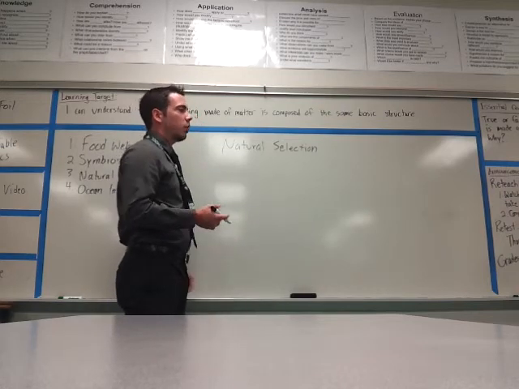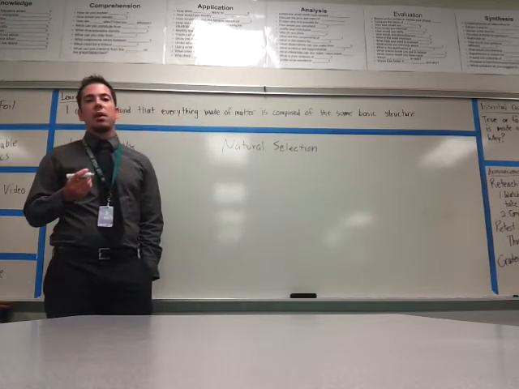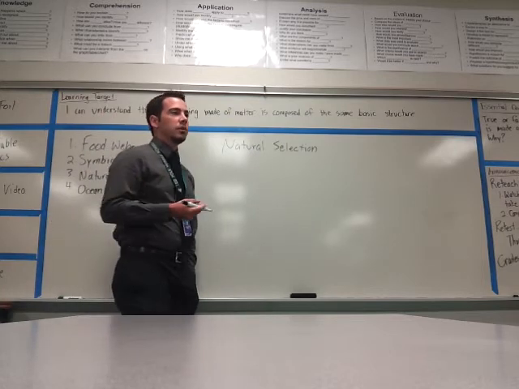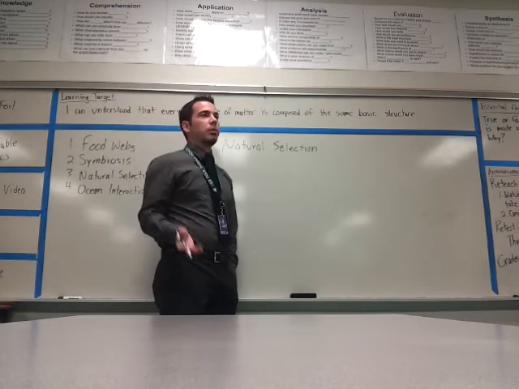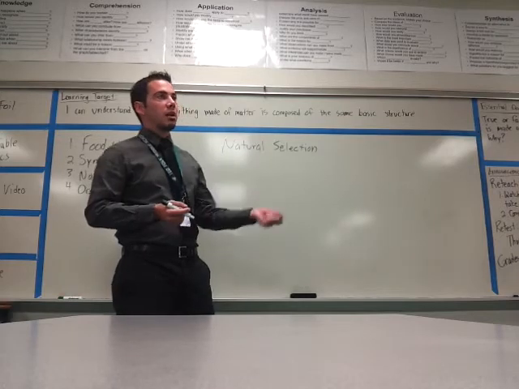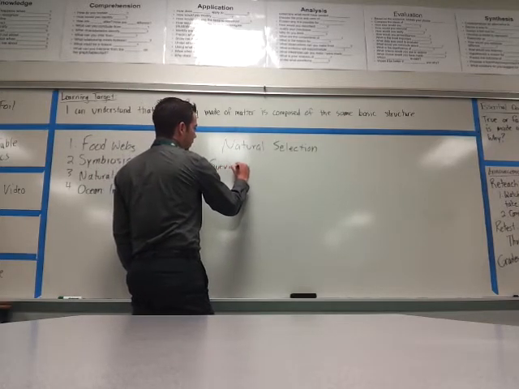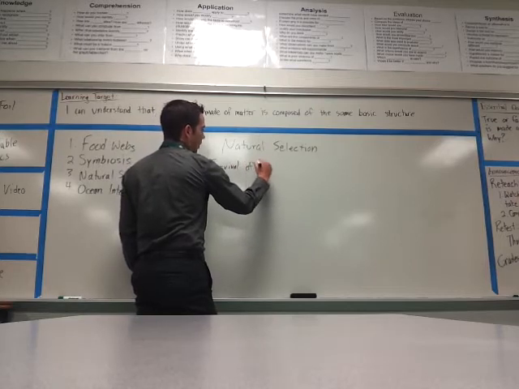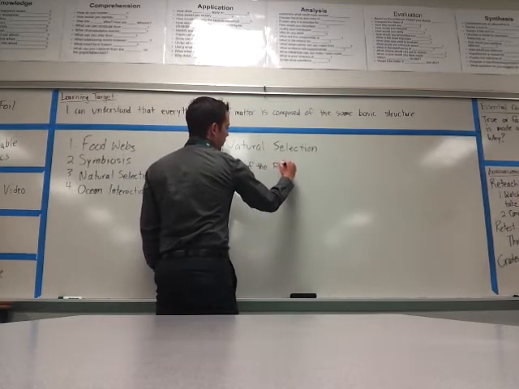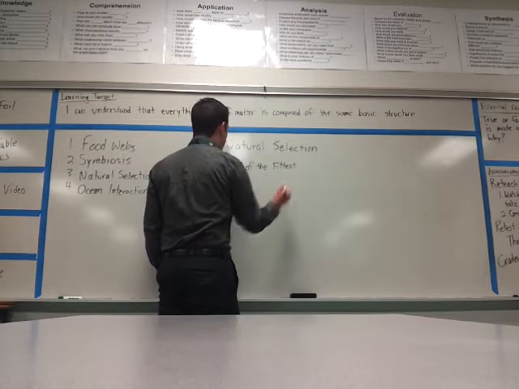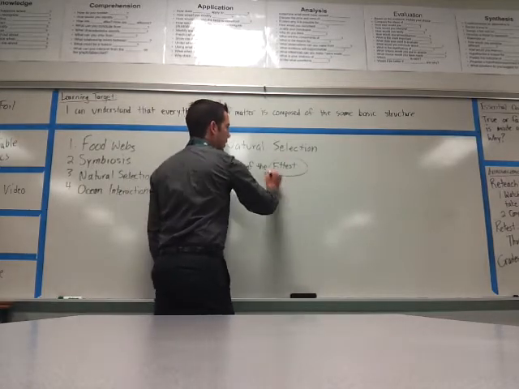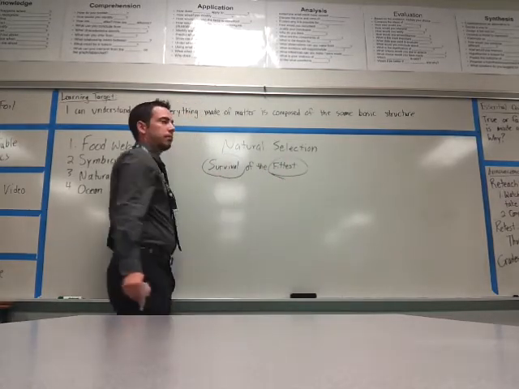So what he determined was those beaks were different because they had adapted to their environment to eating certain types of food. Certain types of food were available on some islands and not available on other islands. So he basically coined this phrase, survival of the fittest, which literally means the fittest organisms will survive.